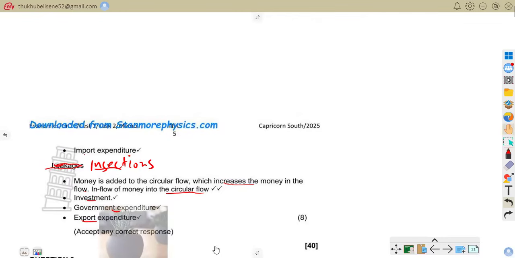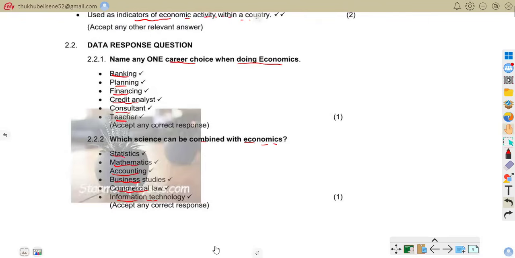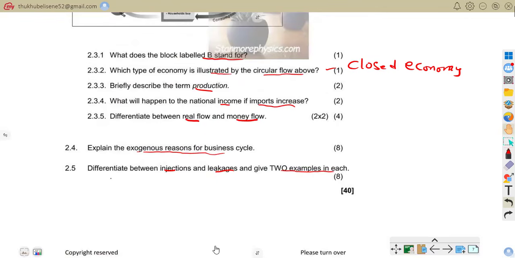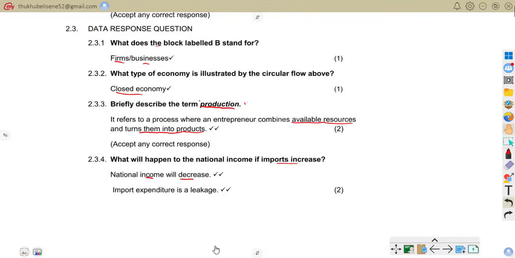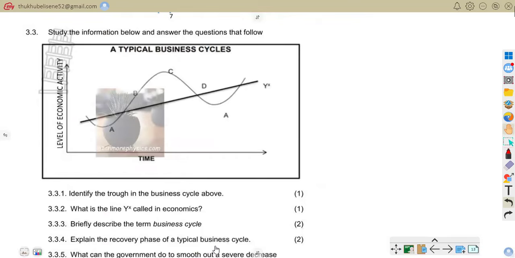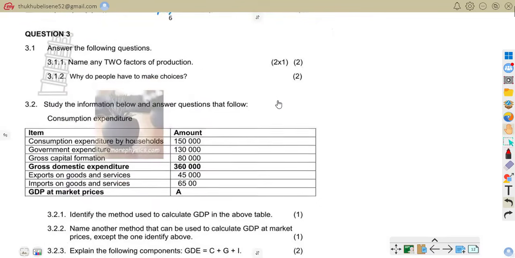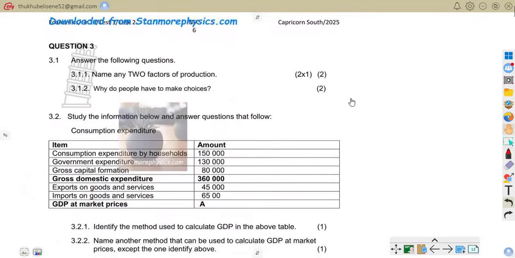So now we are to go to question 3. Here is our question 3.